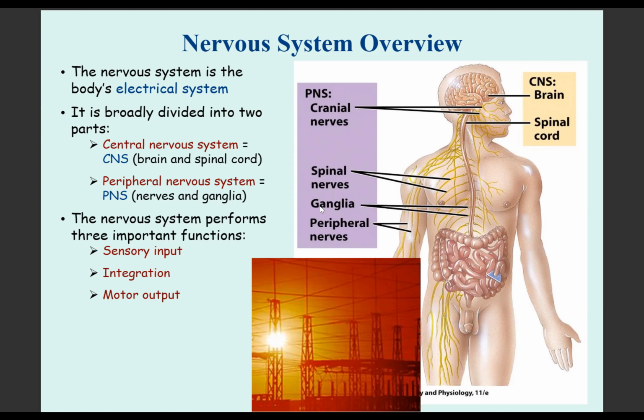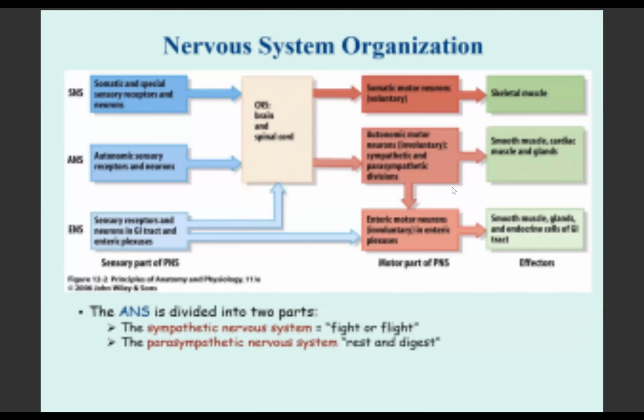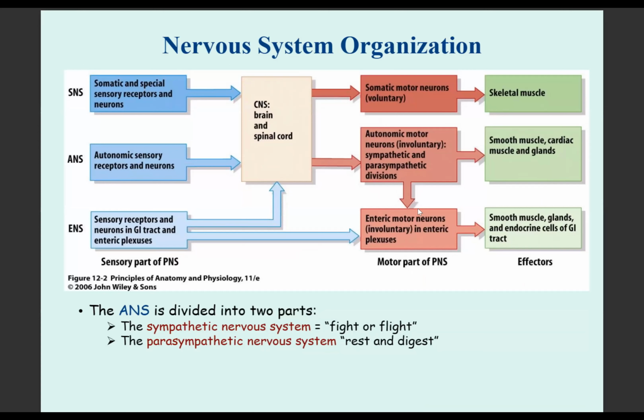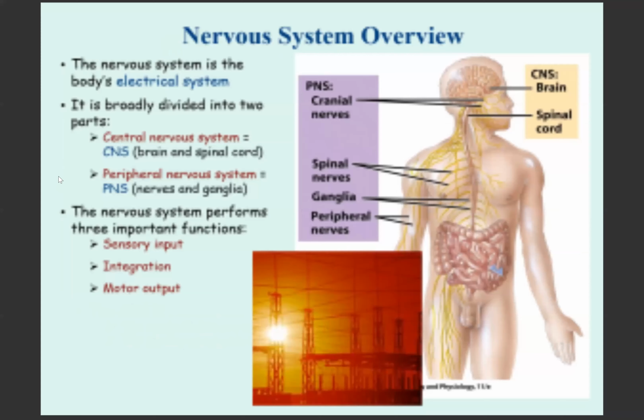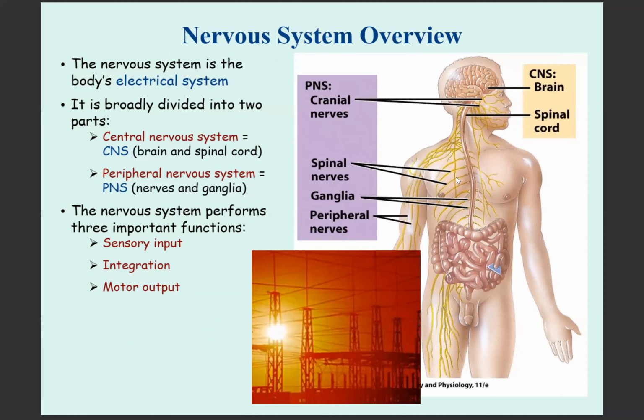So these nerves that we see here can either be taking information to the central nervous system, to the brain, for processing, for interpretation, or the brain may give a command through these nerves, or there could be an interplay between this nerve and this nerve.